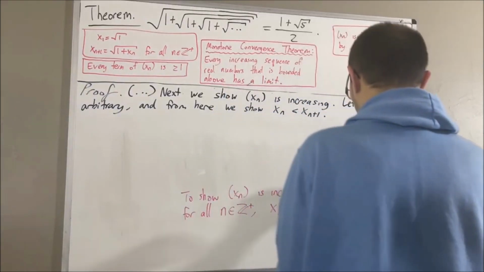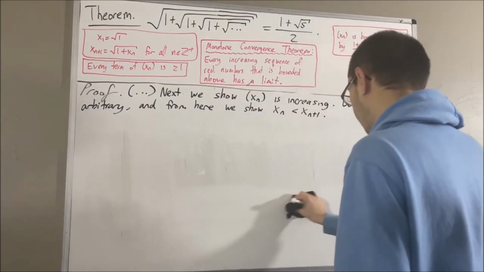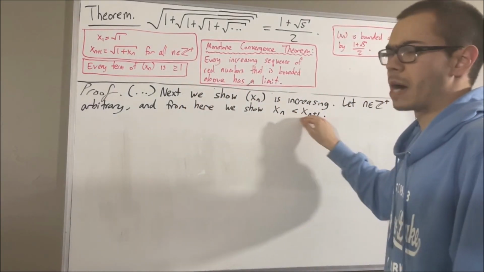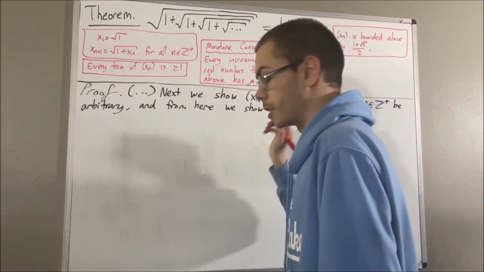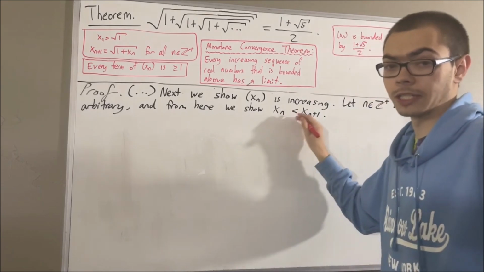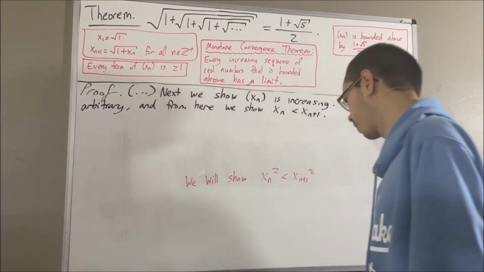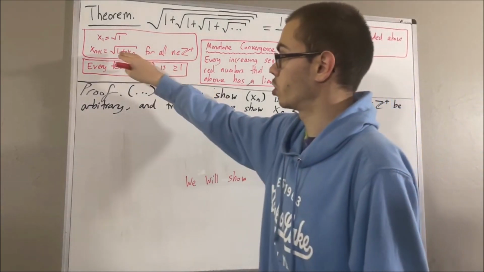Now, what we're actually going to do in order to show xn is less than xn plus 1 is we're actually going to modify this slightly. To show xn is less than xn plus 1, it suffices to show xn squared is less than xn plus 1 squared. But xn plus 1 squared is equal to 1 plus xn.